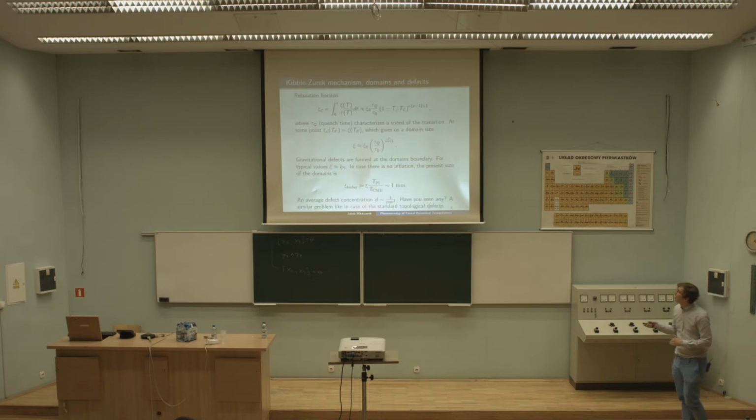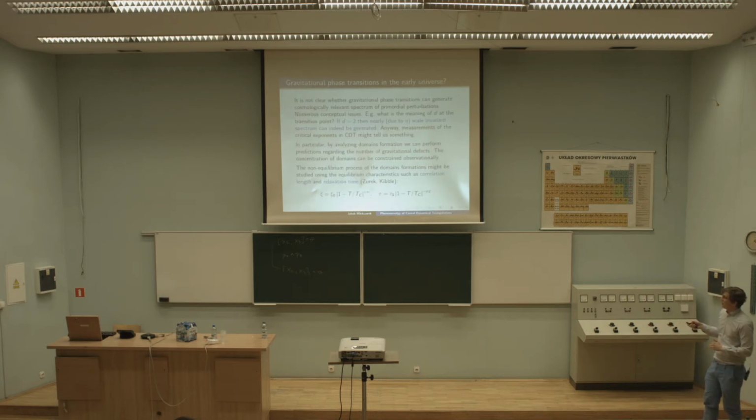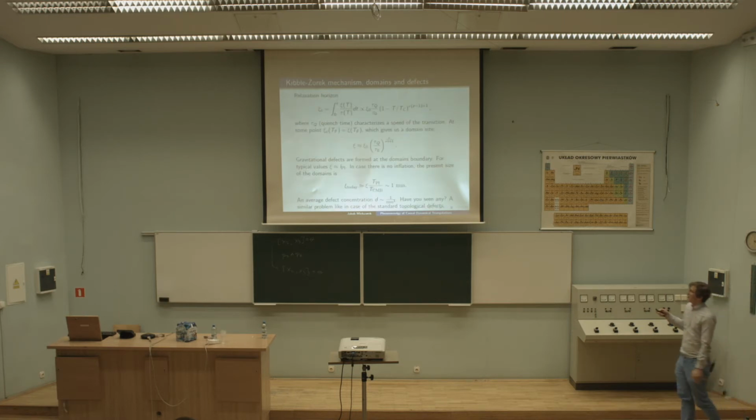And a very interesting observation made by Zurek and Kibble already in the 70s and 80s is that you may gain information about these non-equilibrium processes using the observables and behaviors that you know from equilibrium phase transition physics. So let me introduce one quantity, which is just the relaxation time.